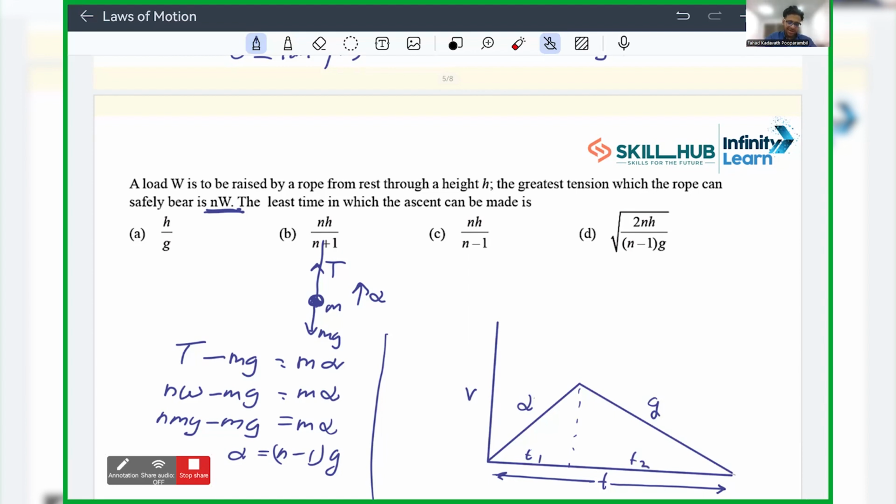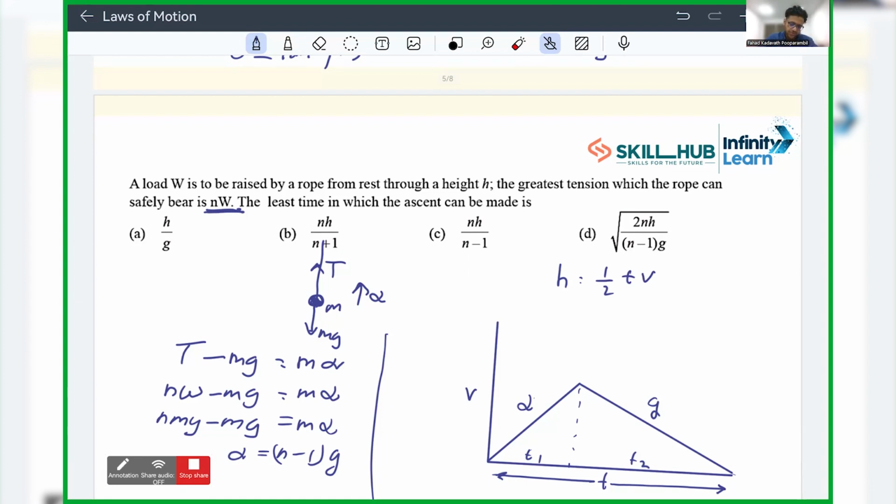As we know, the area under the velocity time graph gives the displacement. The displacement here is h, that's what we are lifting. The area of the velocity time graph would be half into t into v.